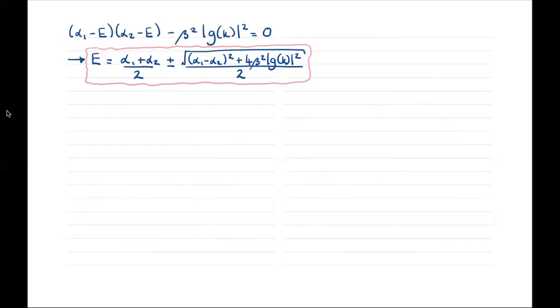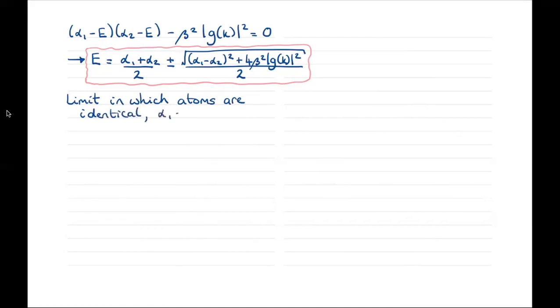So let's look at the limit that we already know the answer to. Look at the limit in which the two atoms in the unit cell are identical.